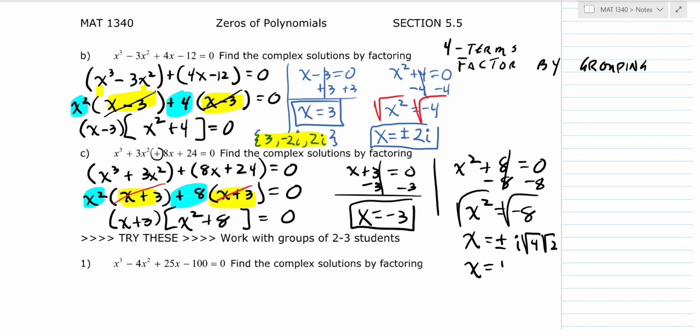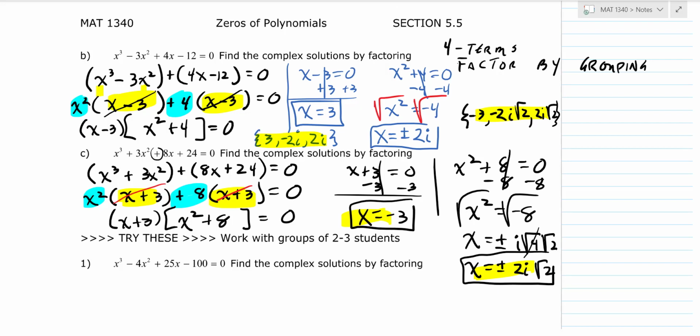The square root of 4 is 2, so you get 2i times the square root of 2. So those are your 3 solutions: negative 3, negative 2i root 2, and positive 2i root 2. Those are the answers to that problem.